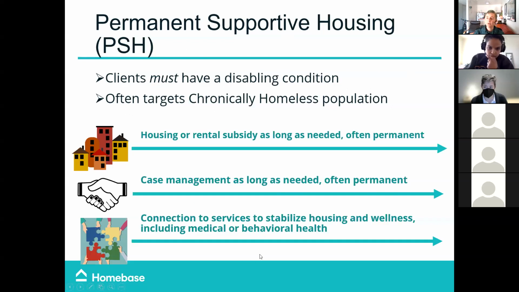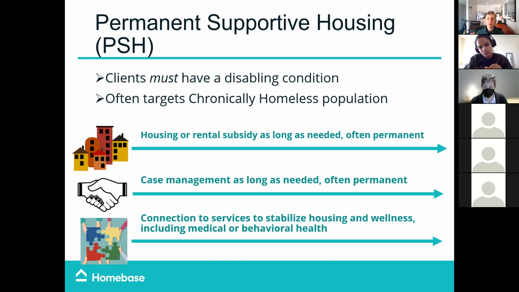Oh, great question. Okay, in the chat. I want to address this now because this is true of all CoC project types. If a client refuses all services, could that lead to them losing their housing? And the answer is, in and of itself, refusing services cannot lead to a client losing their place in a CoC funded project. So refusing to participate in services is not a reason that someone can be exited from a CoC project.